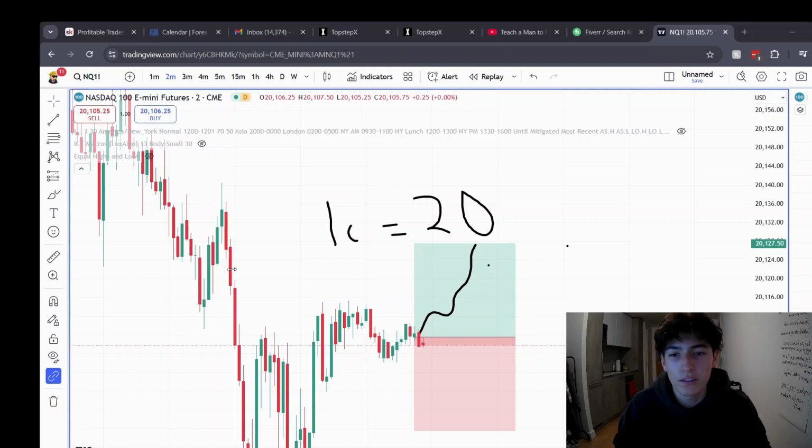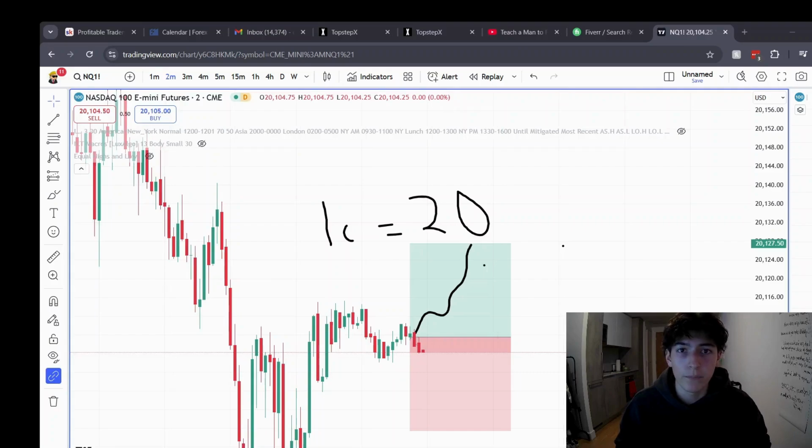So prop firms are basically businesses, companies that you buy, let's say, a $50,000 account from them. But this $50,000 isn't real. It's simulated money. Let's say you pay $50 for an account that has $50,000 of fake money that you could use to trade as if it was real money.